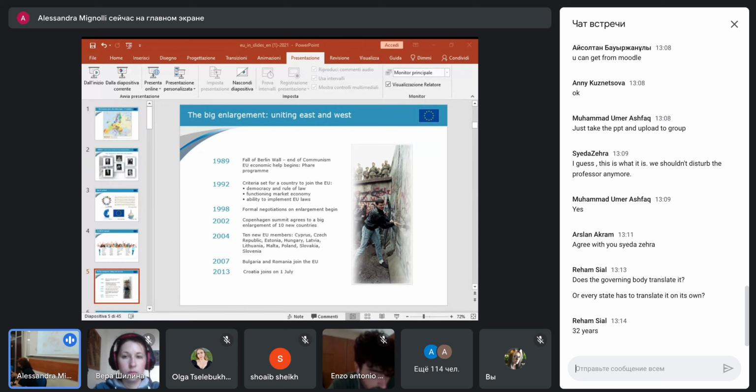Okay, after this first enlargement, there will be the Mediterranean enlargements, starting with Greece in 1980, 81. Greece, Spain and Portugal had a period of military government, dictatorships, so non-democratic regimes in Greece and in the Iberian Peninsula.